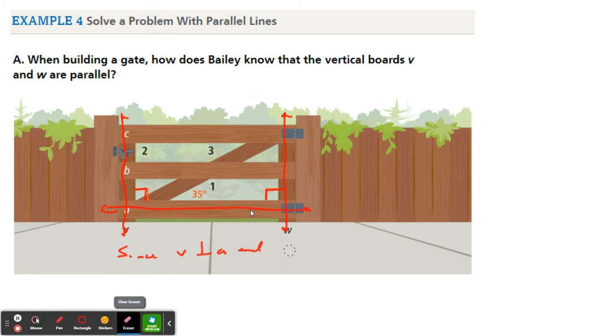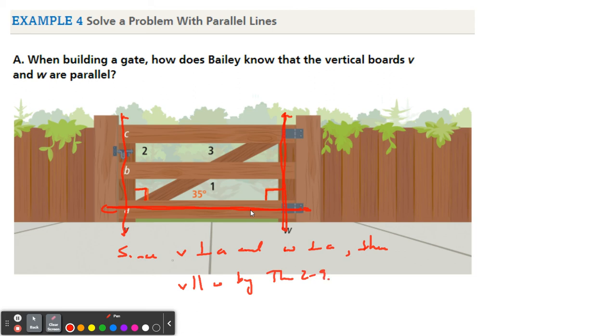This is board A going side to side. This is board W going up and down, and W is perpendicular to A. Because V and W are both perpendicular to A, we know that V should be parallel to W. That's by the theorem we just talked about, theorem 2-9, which is on the previous slide. Again, perpendiculars to the same line are parallel.